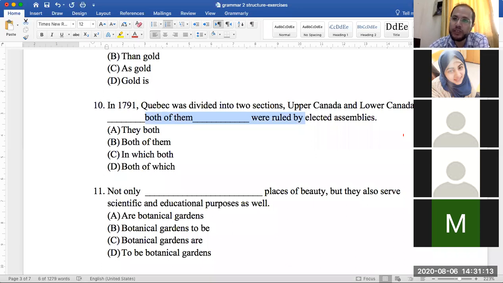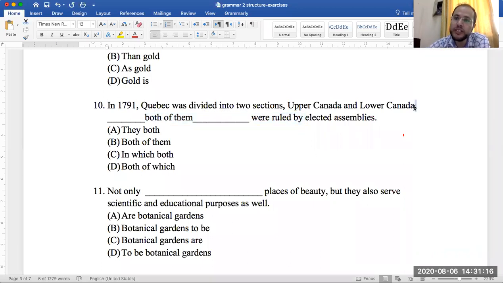Here, Afnan connected two simple sentences, two main clauses, with a comma, which is wrong. You don't connect two main clauses with a comma. The comma is not a connector. So this is definitely wrong.